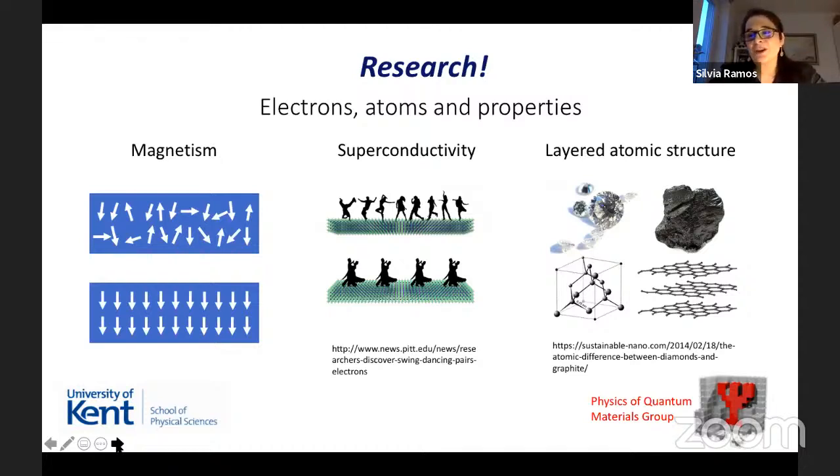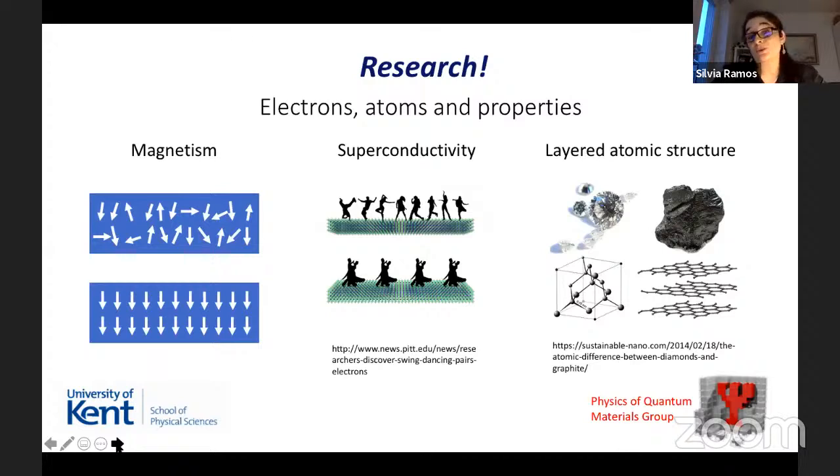So atomic structure is a big thing that determines the properties of the materials that we are going to be looking at. And if you think about the electrons, you're looking again at how they arrange themselves, how they get organized, and how that has a massive effect on the properties of the materials that you are looking at. So for magnetism, you can have disordered states, and then you cool that material down and they order, and suddenly you have a magnet.